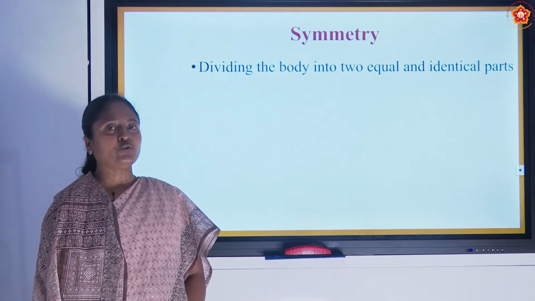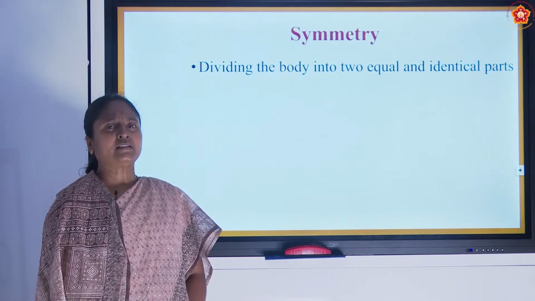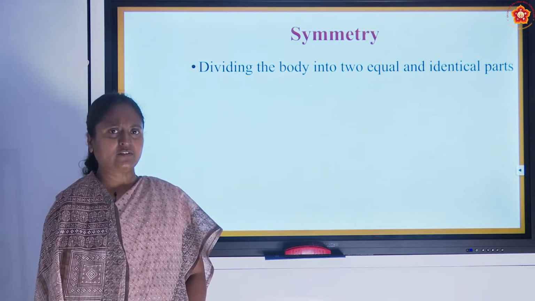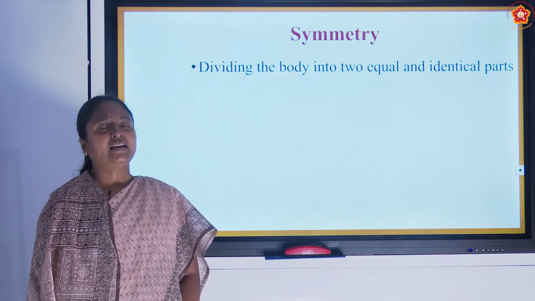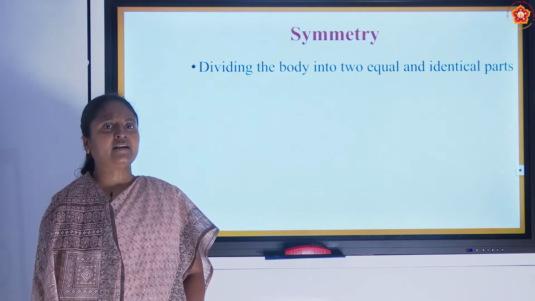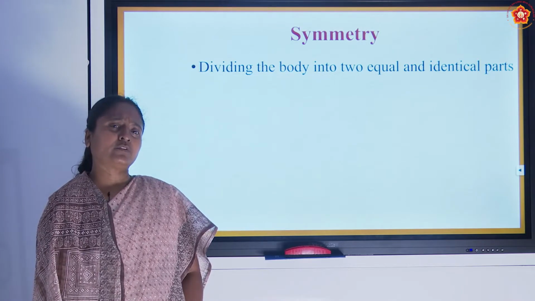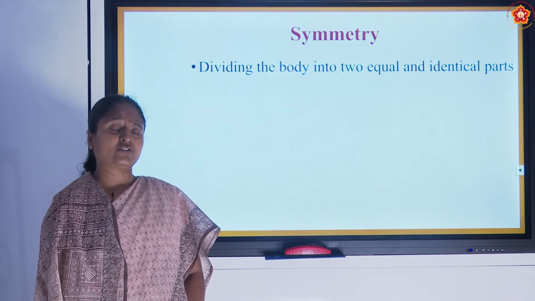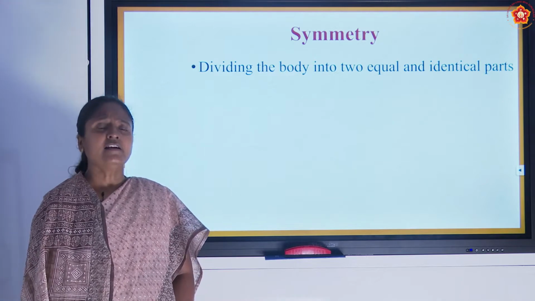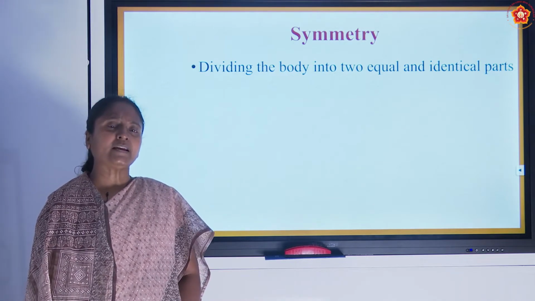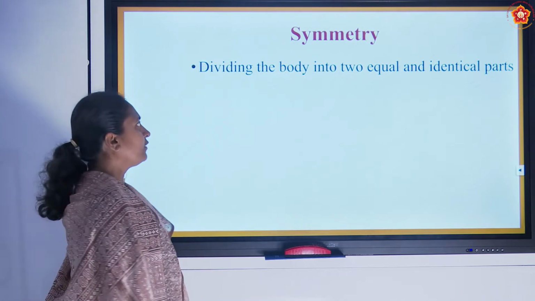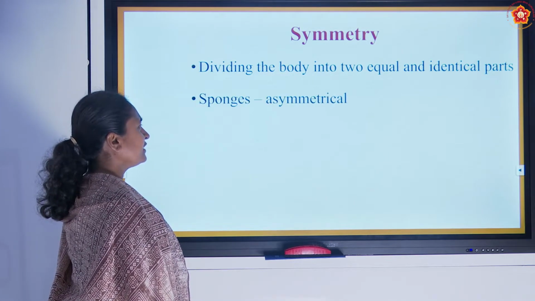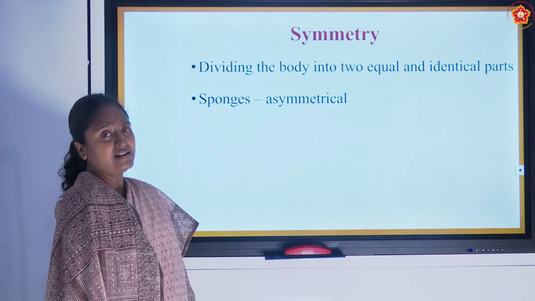When we divide a human longitudinally, we can divide into two equal halves, but if you consider the internal parts, it may not be the same. The liver is present on the right side, and similarly the pancreas and the stomach are present on the left side. So internally we cannot see it, but externally we can divide the organism into two equal halves. That is how symmetry is, and the two parts should be identical.